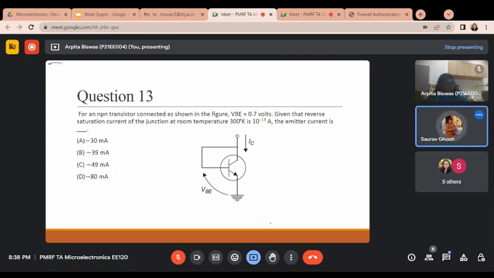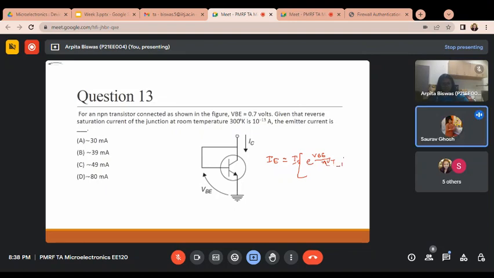As the collector and base are shorted together, the collector current will be almost equal to the emitter current. Base and collector are shorted, so I is almost equivalent to IC, so that's why the answer will be 49 milliampere. You just directly calculate I equal to I saturation into e to the power VBE by eta VT minus 1.